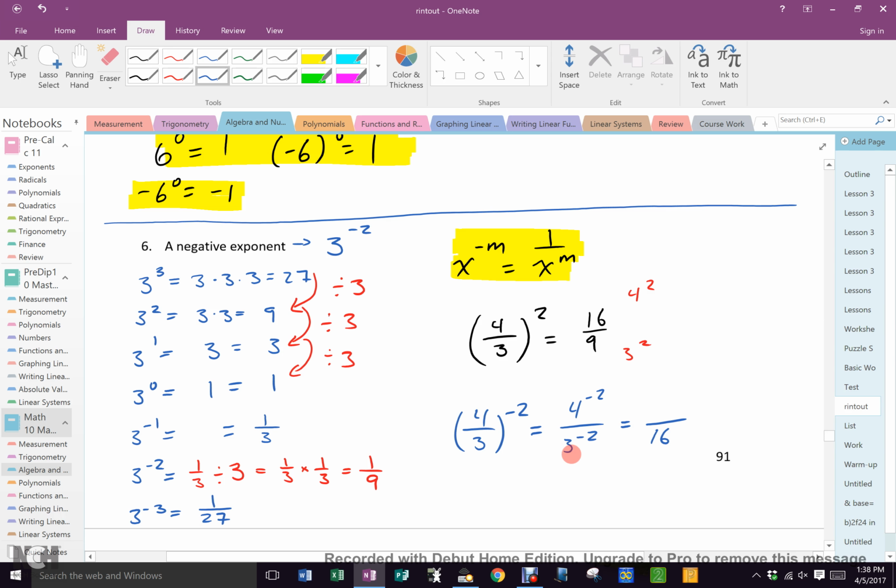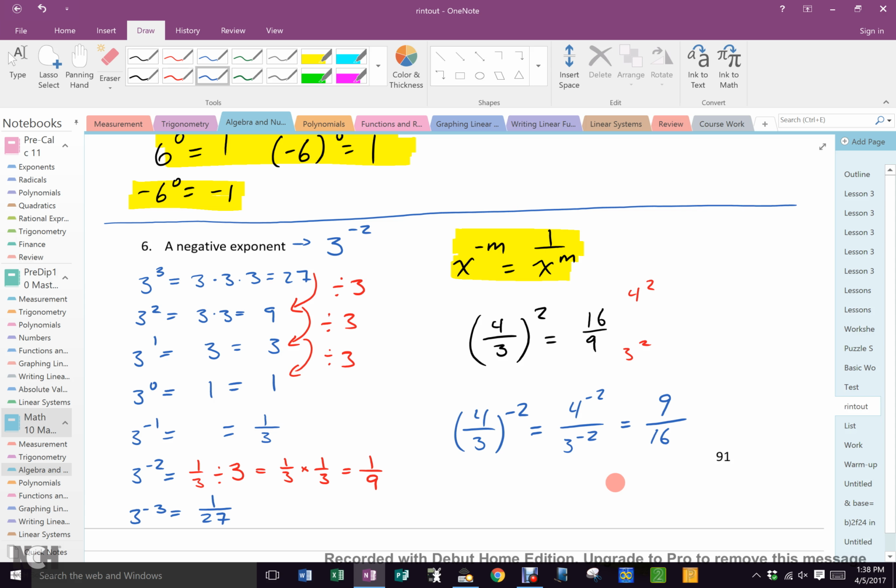Where must it have to go? To the numerator. Because they reciprocate. Does everybody understand? Everyone is cool? Everyone's good? Going once? Going twice?